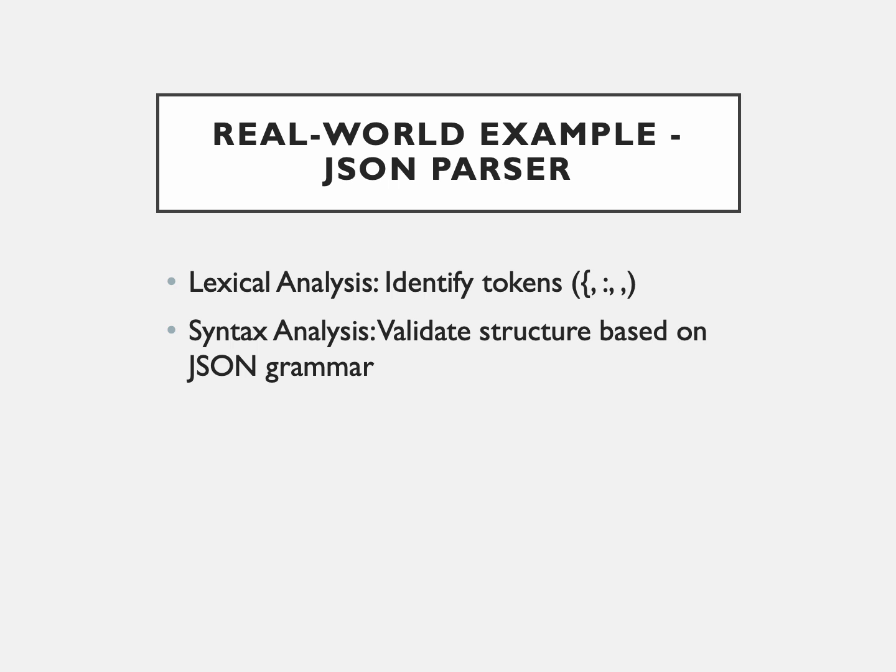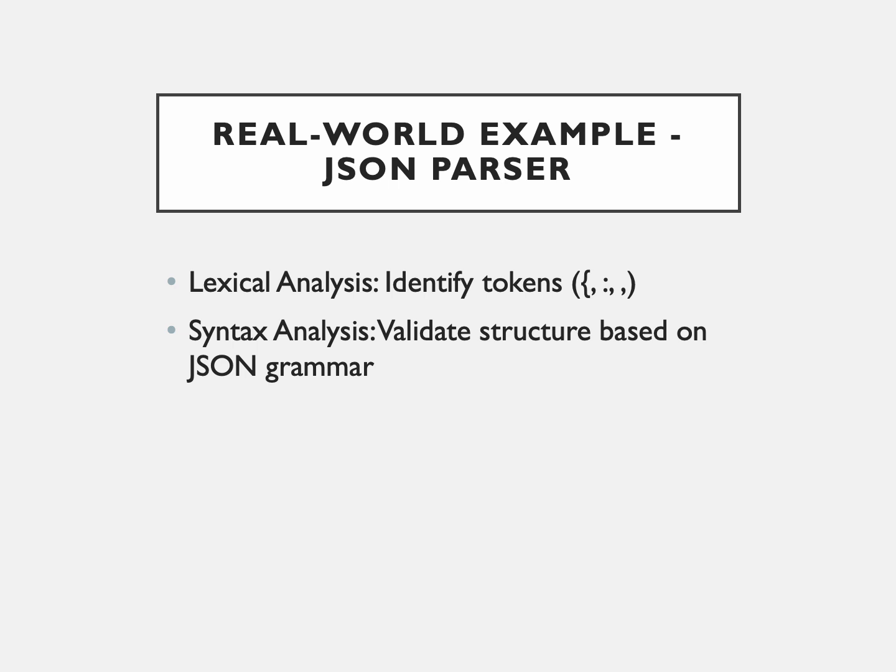For example, in a JSON string like name: John, age: 30, tokens include the curly braces, colons, commas, and the keys name and age, and then some values. These are tokens identified by the lexical analysis, and they are extracted by recognizing patterns such as strings, numbers, or punctuation.